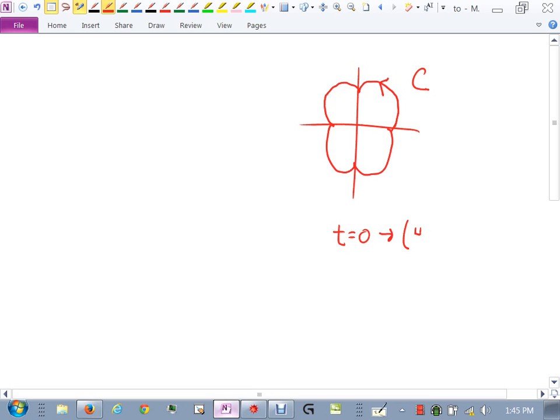Four for x. How about for y? 0, right? So that works. Let's try something else. How about pi over 2? Where are we hoping we're going to be? Up at the top there? So if we plug in pi over 2, cosine of pi over 2 is 0, isn't it?